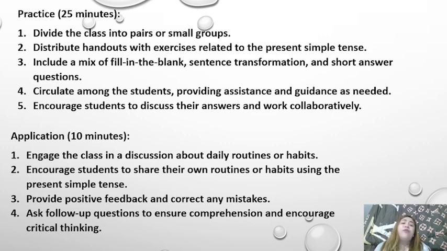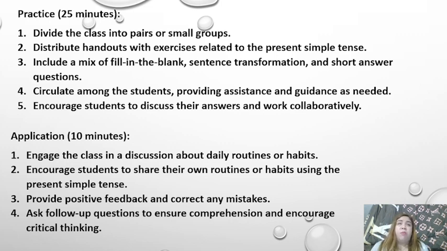And then after that, you do the application for about 10 minutes. In this part, engage the class in a discussion about daily routines or habits.